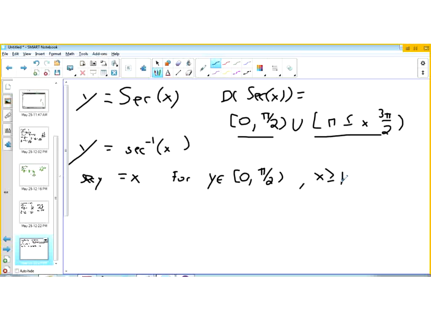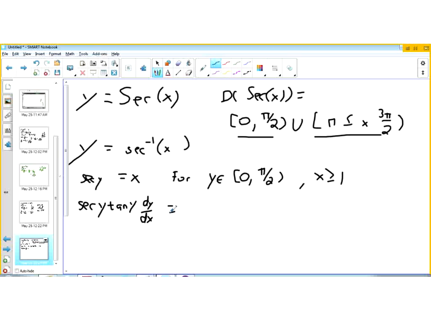So what do we have here? So secant y is equal to x. So now we take the derivative with respect to x, so we'll have secant y tangent y times dy over dx.